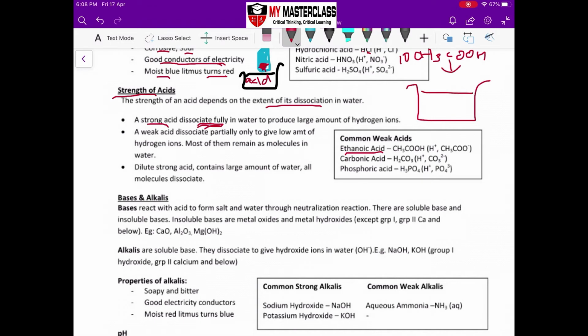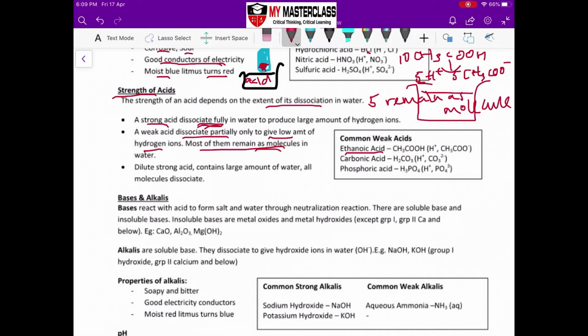At any point of time, only 5 will separate into H plus and 5 CH3COO minus. The other 5 will remain as molecule. This means that they dissociate partially, and because I will only have 5 H plus, this gives me low concentration of hydrogen ions. A lot of them remain as molecules in water.